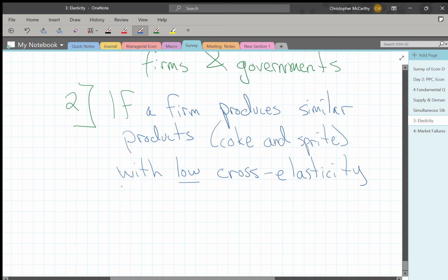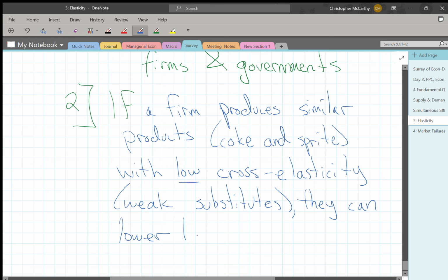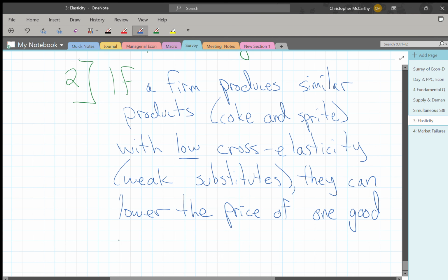So if they're weak substitutes, they can lower the price of one good with little to no effect or impact on sales of the other product.